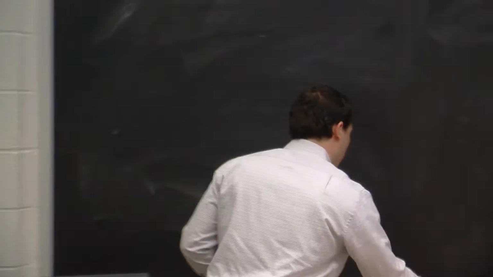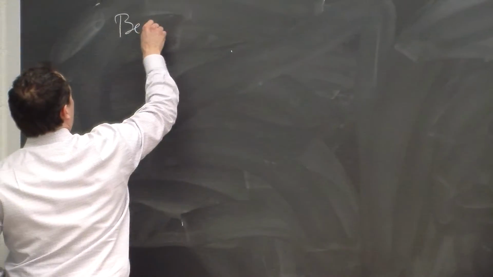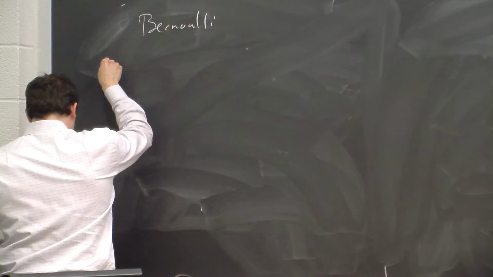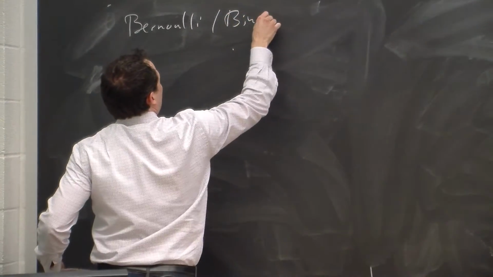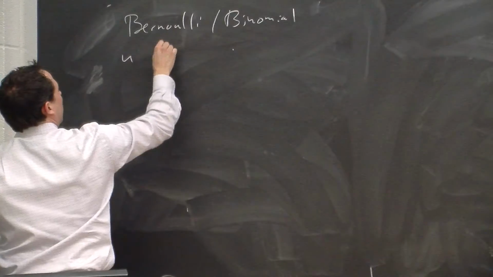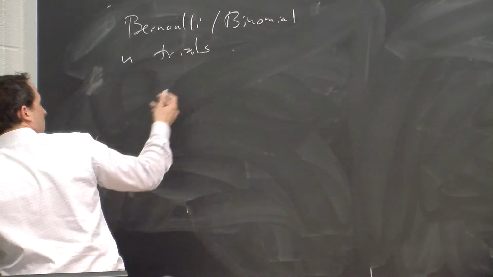Okay, so I'm sort of giving you the overview now. I'm going to actually do some calculations. So for the Bernoulli, or Bernoulli binomial, let's say, I have n trials, and they're independent.